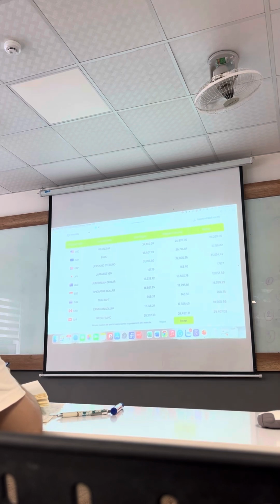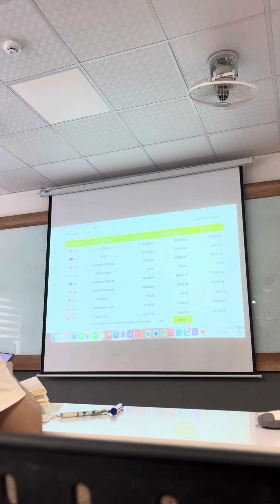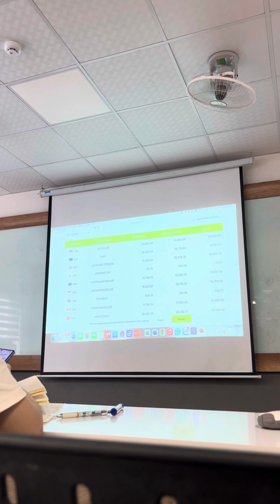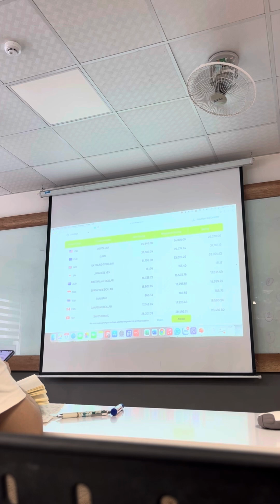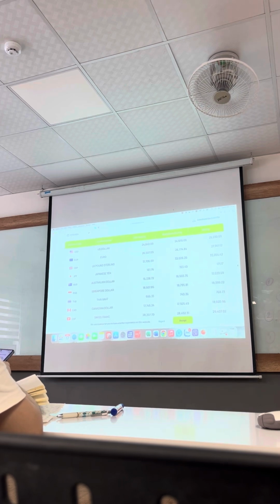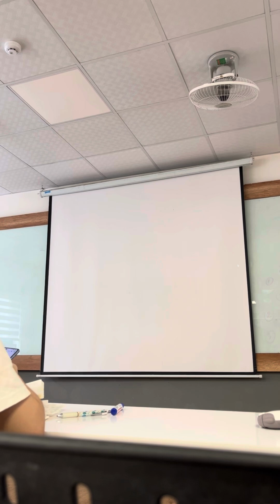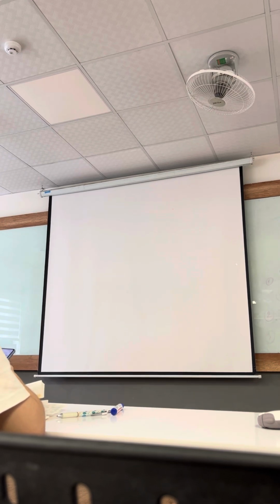So here is the exchange rate list at Vietcombank. Trường, can you tell me what do you think exchange rate is?